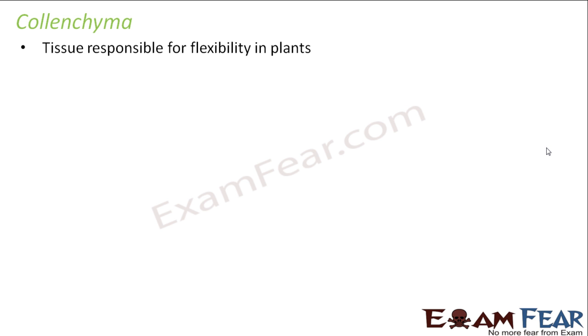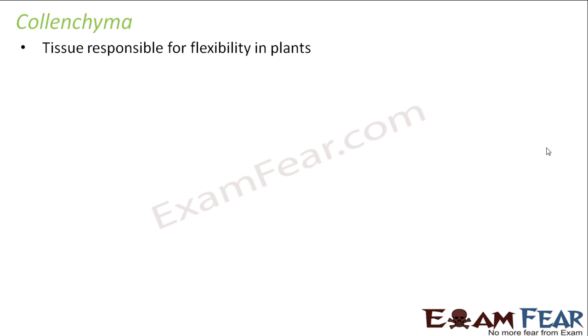You would have seen that in a plant there are certain portions which can be moved, which have flexibility. For example, the leaf: you can bend the leaf, twist and turn it without breaking, unless you put a lot of force on it, right?